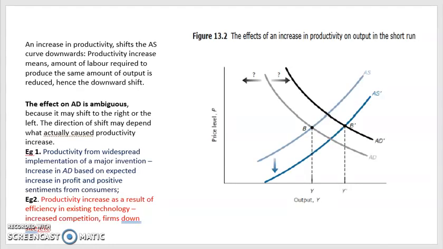Using the aggregate demand aggregate supply model, in the case where there is an increase in productivity from A to A prime, the impact on output, unemployment, and employment would depend on how the increase in productivity shifts the AS and the AD curves.